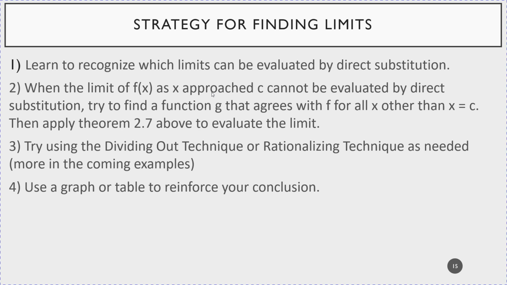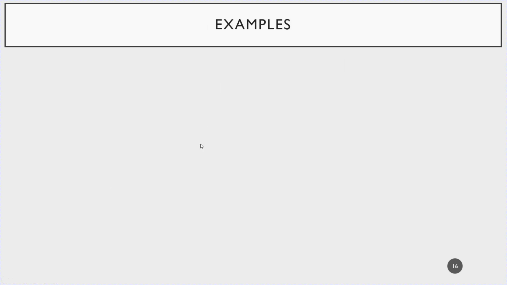So let's try the dividing out method first, and you'll see how it works. You have the limit as x goes to 2 of x squared minus 4 divided by x minus 2.